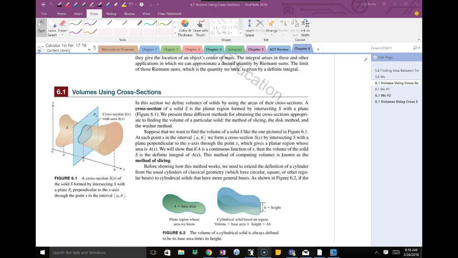So if I can figure out the cross sections, I can use that shape: the base would be a circle, and then I would use the equation of the height to come up with its volume. You can see this wouldn't be a perfect linear cylinder. It's got some curvature to it, so it would be a more complicated equation than just a cylinder. See what I mean by that?